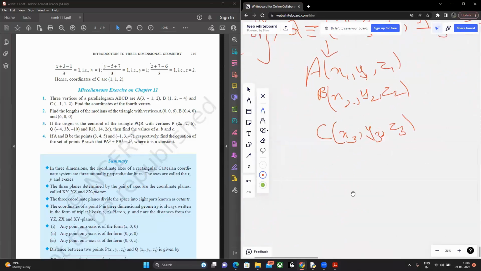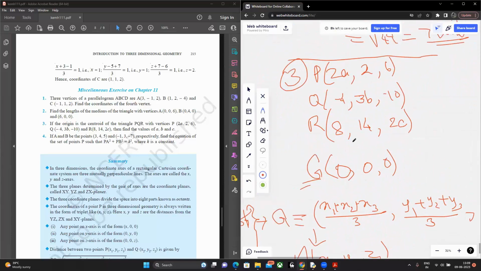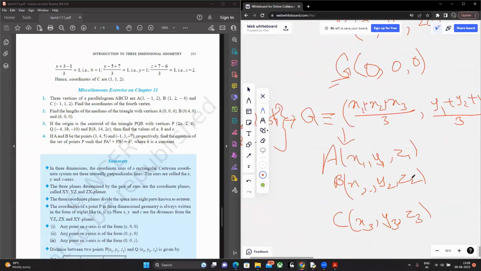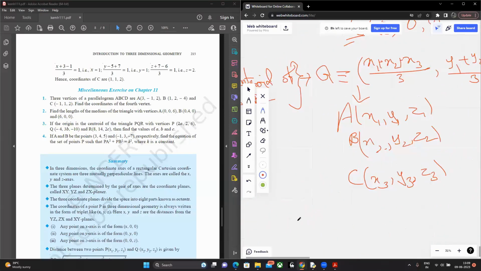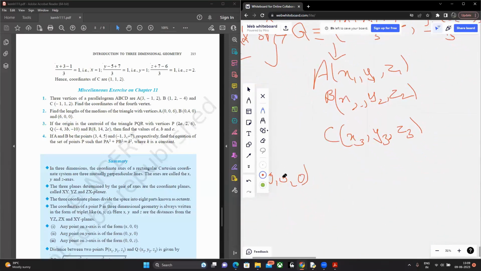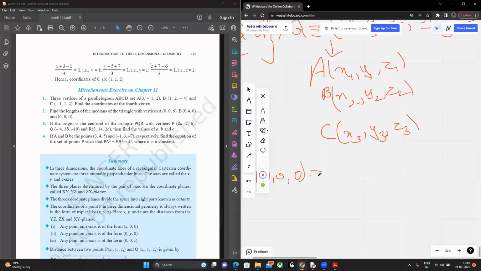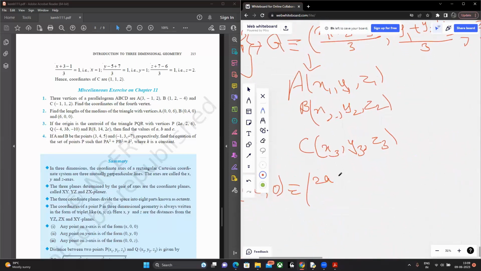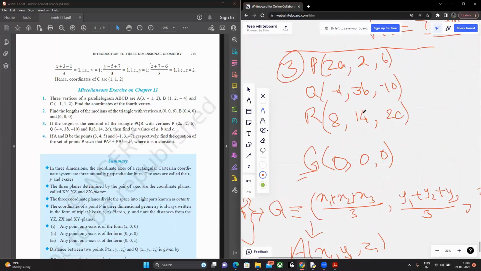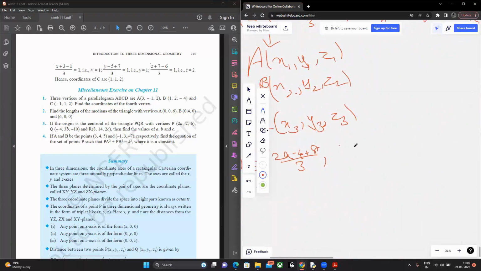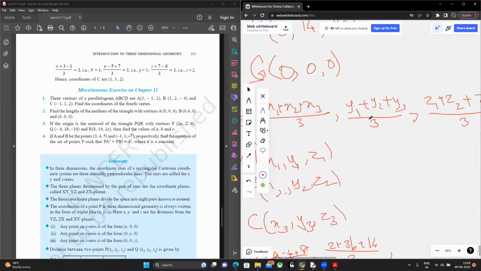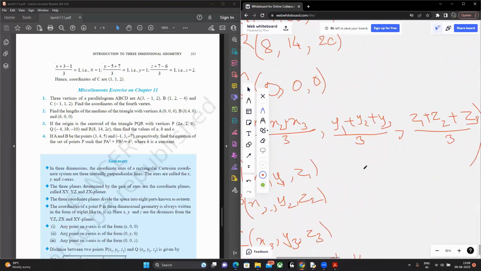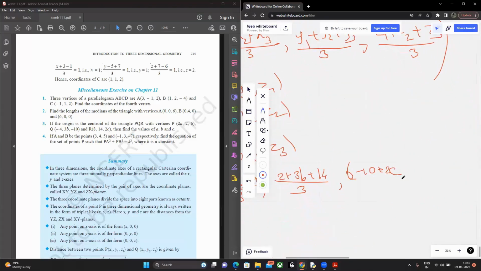Since you have PQR as represented over here, I can directly write this equation and say that the point (0, 0, 0) is equivalent to the point ((2a - 4 + 8)/3, (2 + 3b + 14)/3, (6 - 10 + 2c)/3).